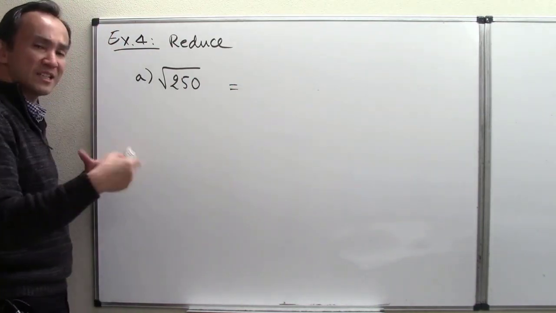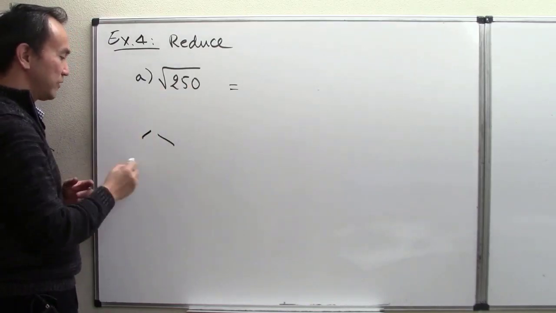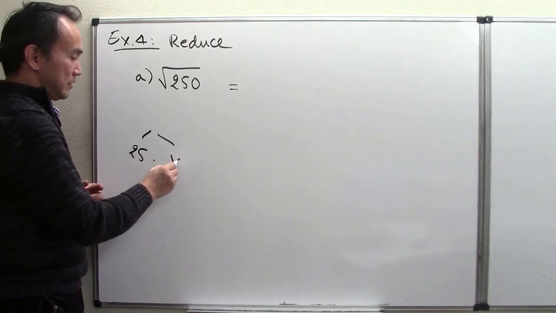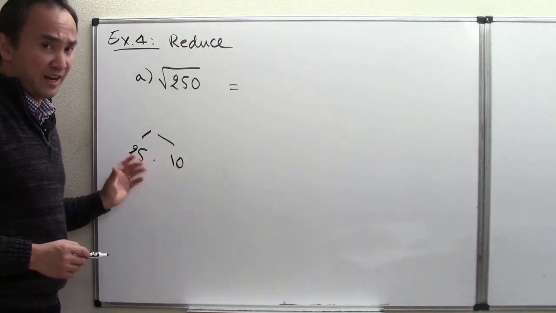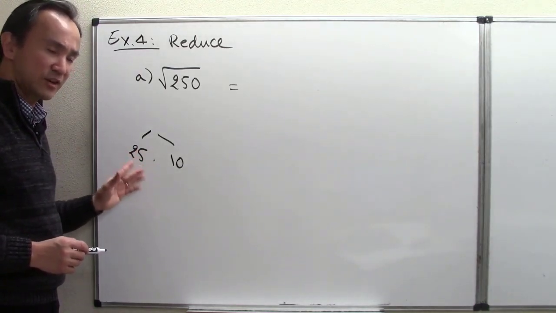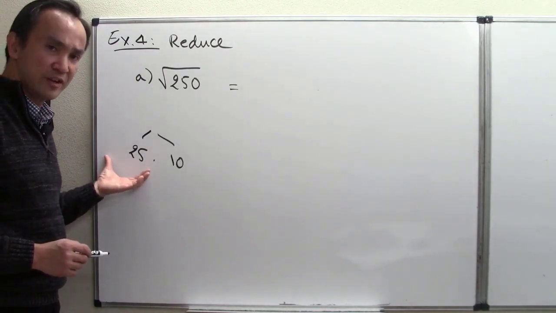The largest perfect square that goes into 250 is 25, and the other non-perfect square factor is 10. And like I said, this is already the largest. How I can arrive at that so fast is by thinking about the prime factorization process, and it takes experience to get to this.